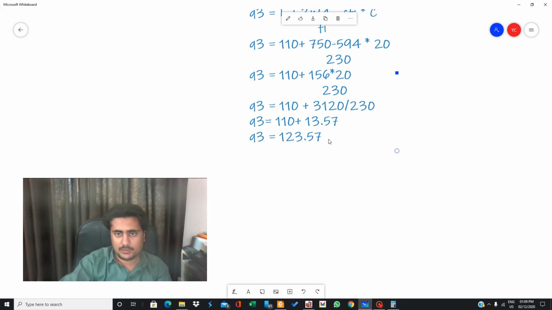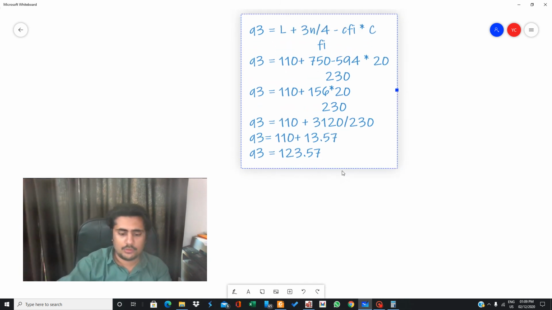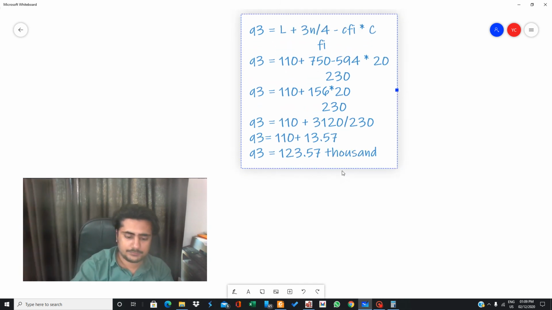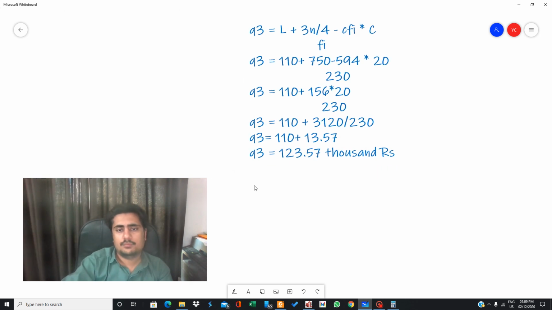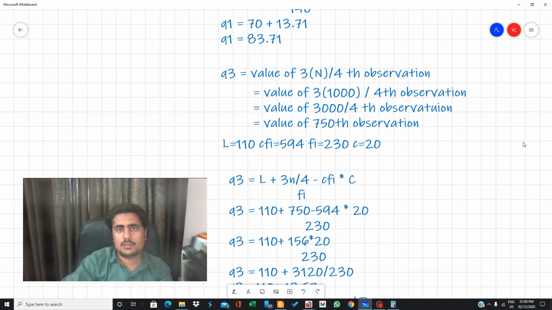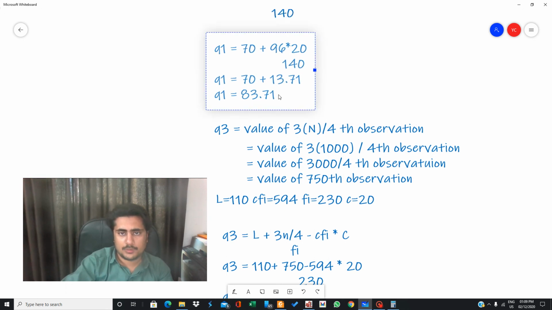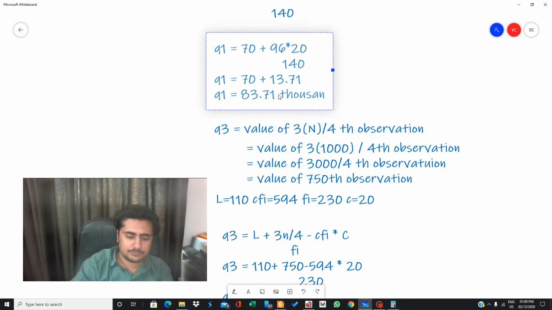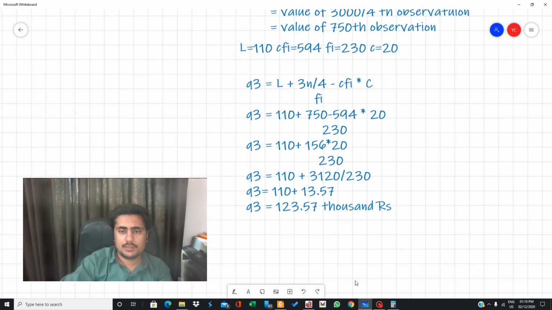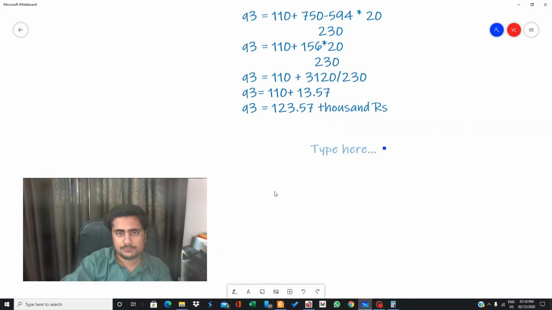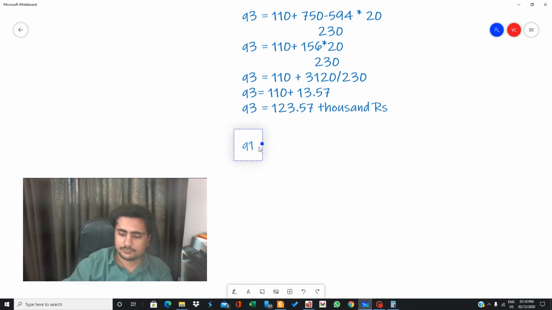Now see, everything is in thousand rupees. This Q1 is also in thousand rupees. Now my Q1 is 83.71 and Q3 will be 123.57.